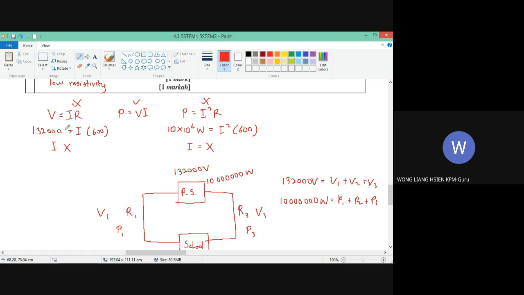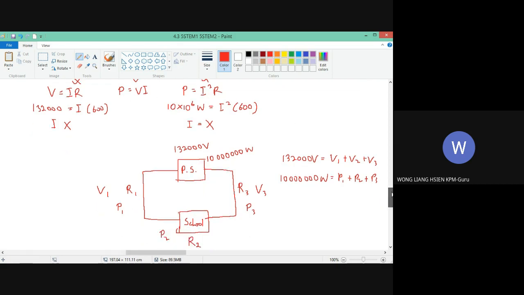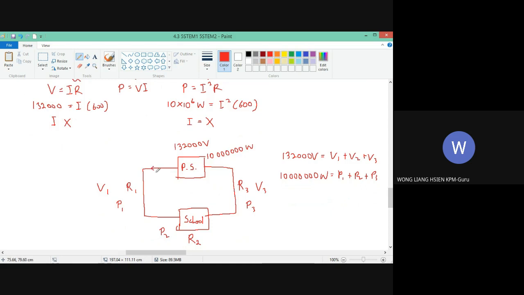Okay, but this one, P equals VI, we can use. Why? Because the current that flows in the cable, the current that flows through the spool, and the current that flows through this other cable are all the same, because they are all in series. You see or not?